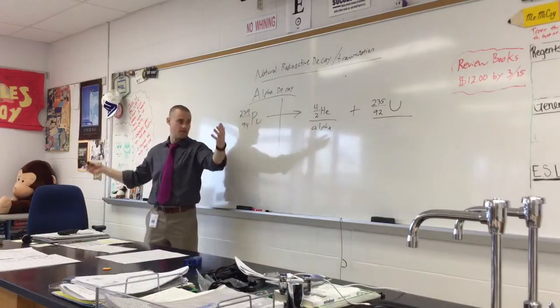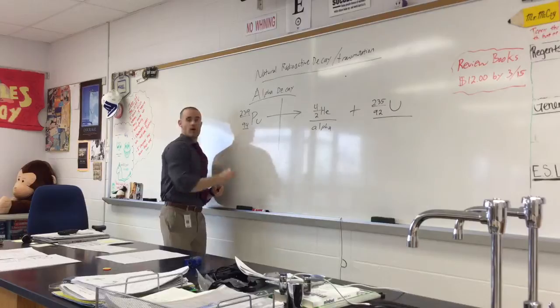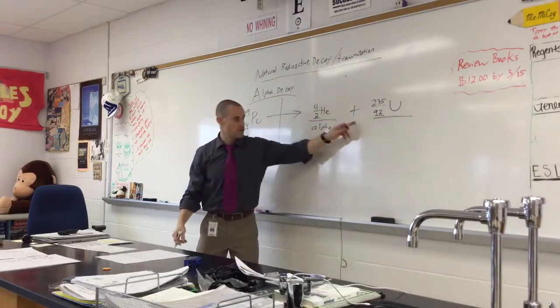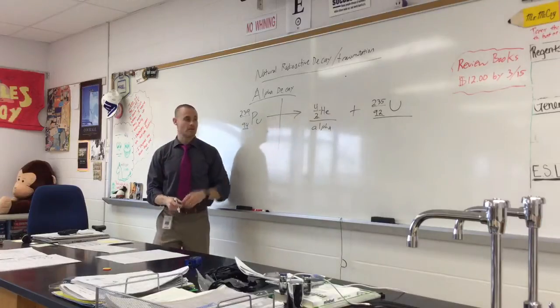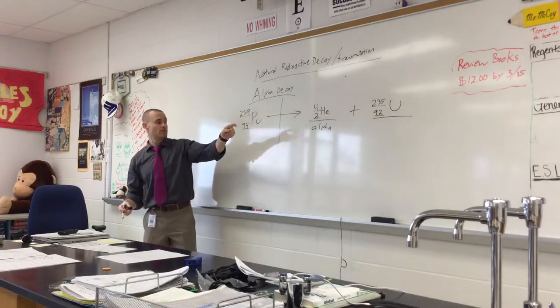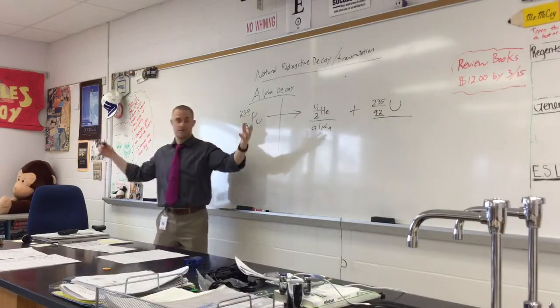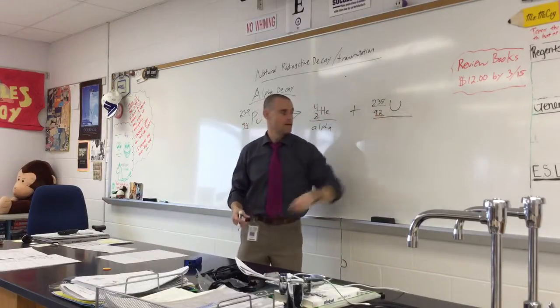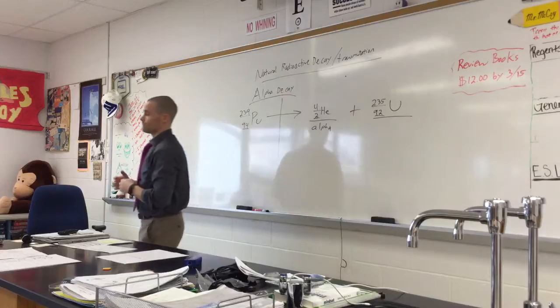That's balanced. This is 94, so I need these 2 numbers to add up to 94. So 92 plus 2 is 94. That's why that's number 92, to give you 94, right? To balance. Now you look up 92 on the bottom, and it's U, uranium. So you just write in the U.